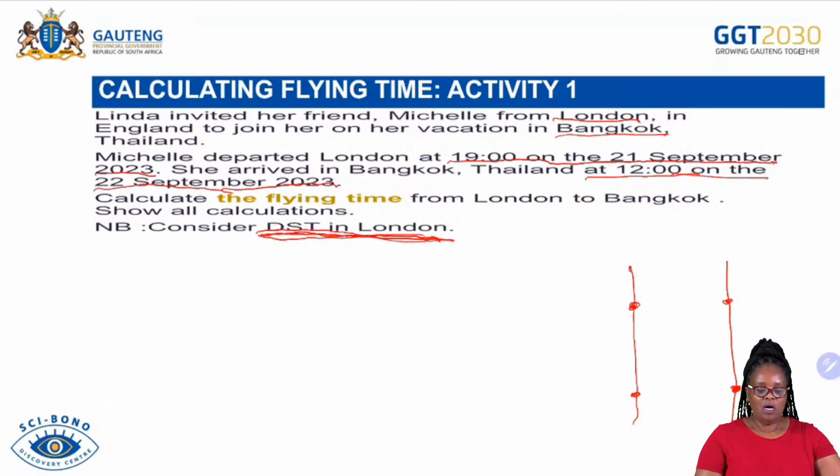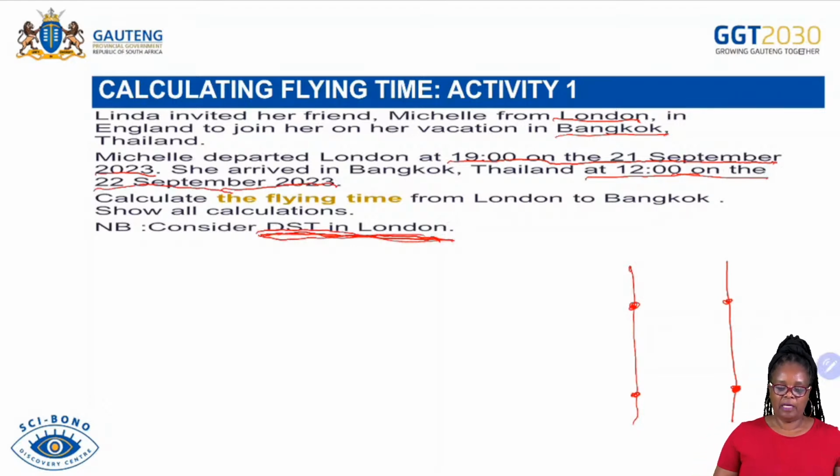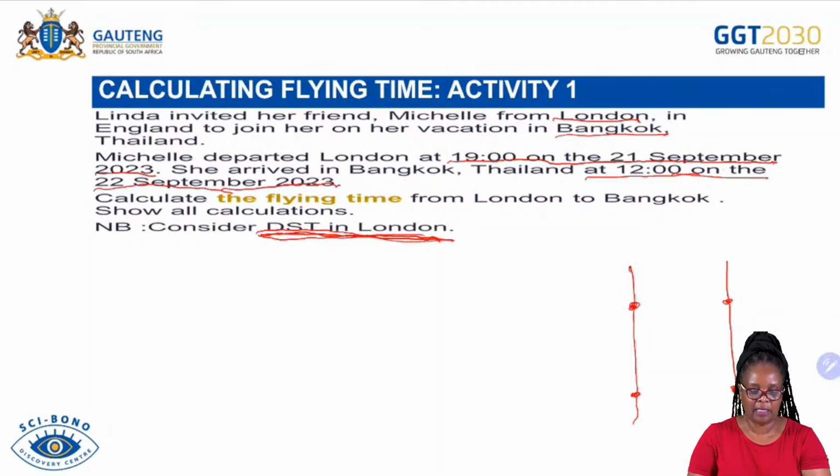So the first step, remember we said that you have to identify and write the 2 places that are being given. And the 2 places that are being given here are London and Bangkok. So I want us to go to our map.